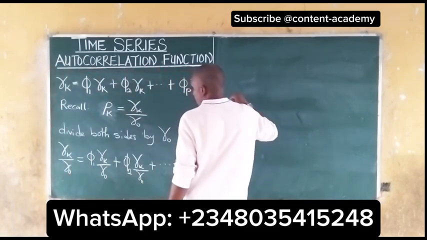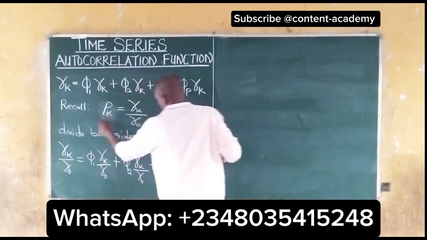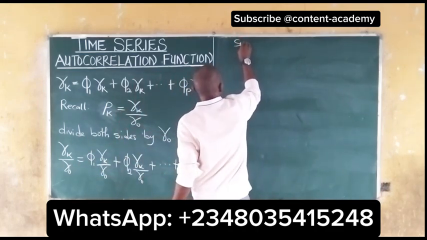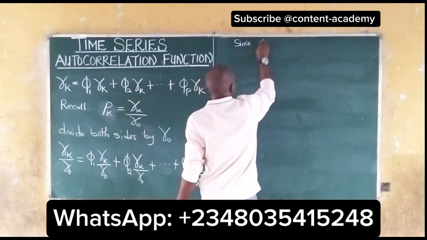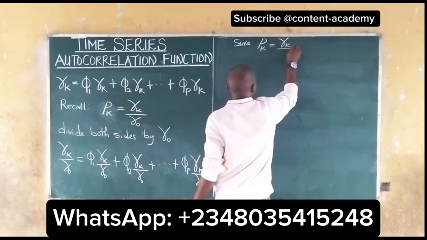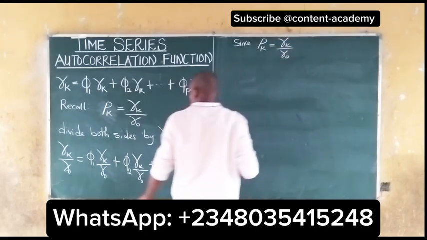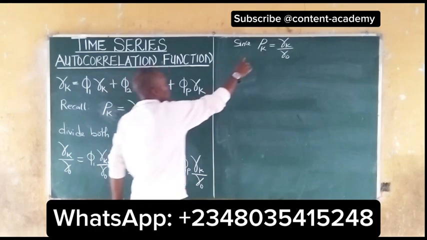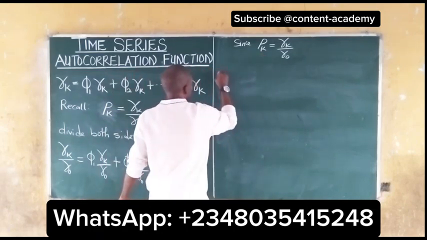So that means that the whole of this will give us this. Since the autocorrelation function is equal to R_k over R naught, wherever we see this, we put our autocorrelation function.